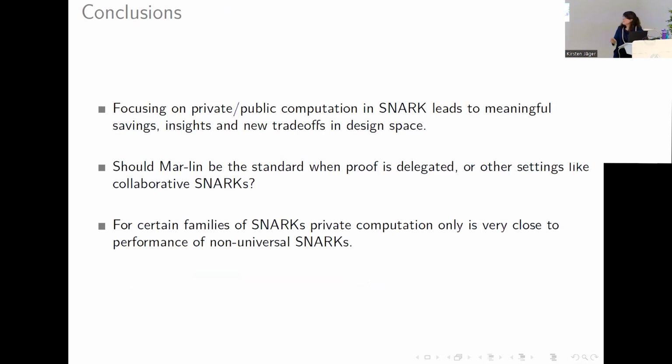The interesting thing that I didn't put a lot of emphasis on is that the private computation is also cheaper, because it only depends on the size of the witness, and the public computation depends on the number of additive gates, the sparsity of the matrix, and so on. The point is that there is a certain asymptotic gain also in removing this public part. So I think that's a very meaningful way to look at things.